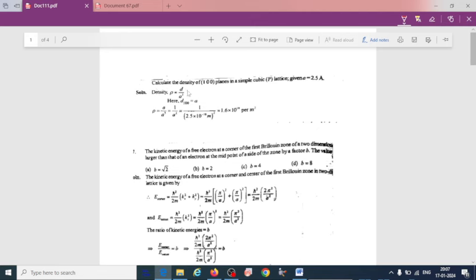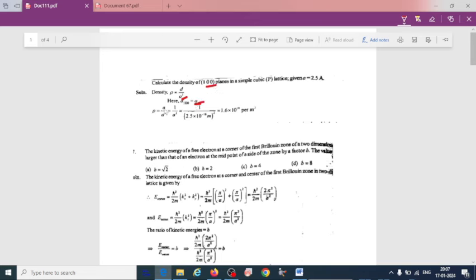First, what is the density here? It is given by the interplanar spacing d divided by a. For the 100 plane, the interplanar spacing is equal to a, because the other two values are 0.